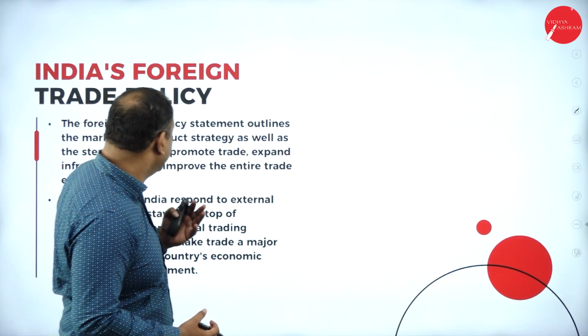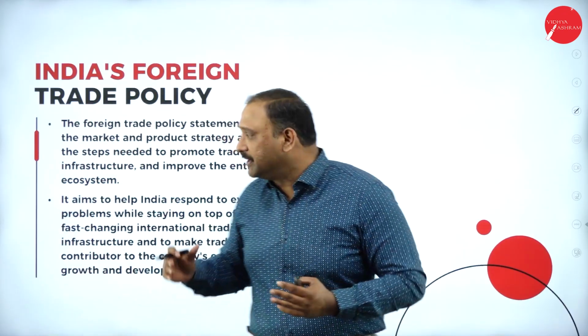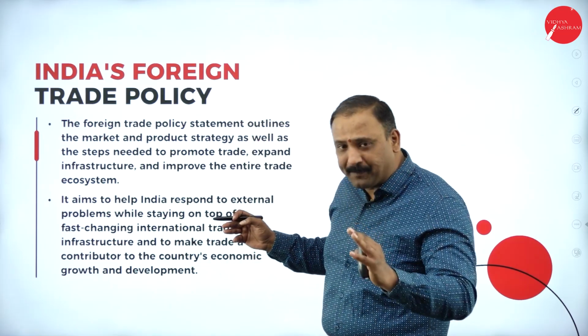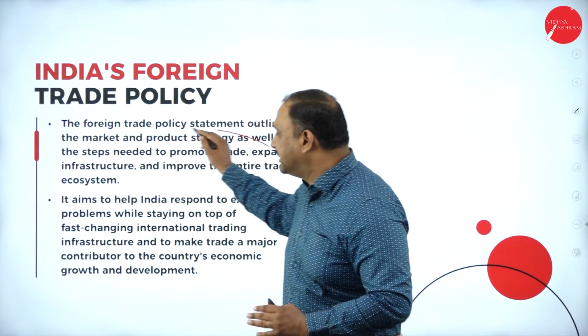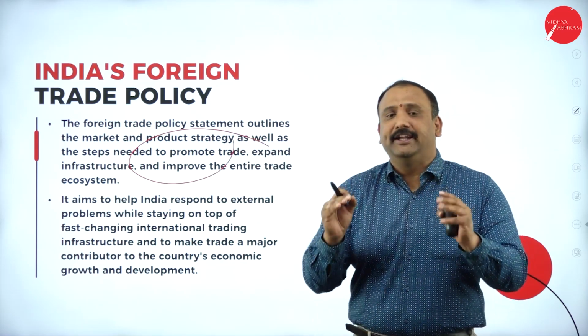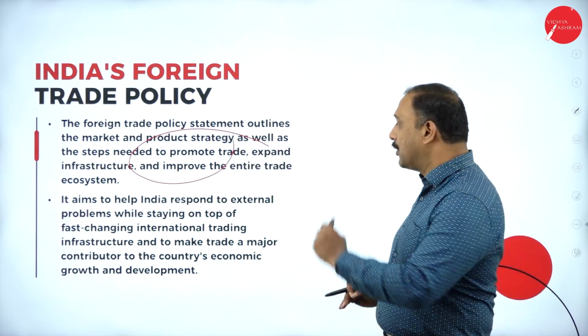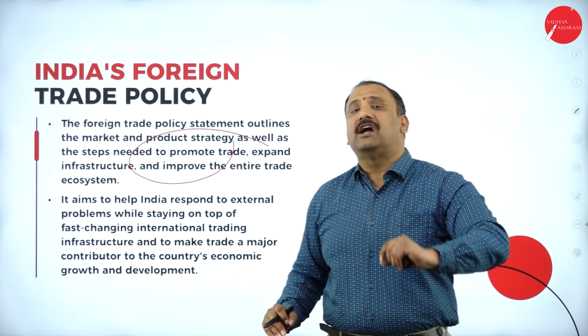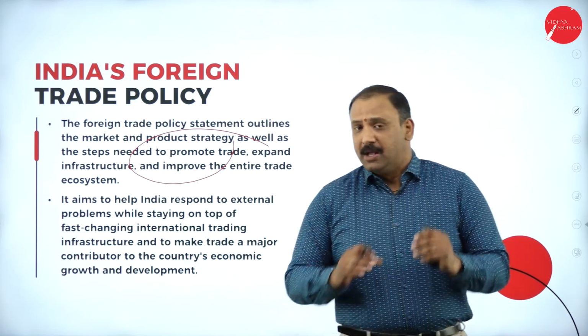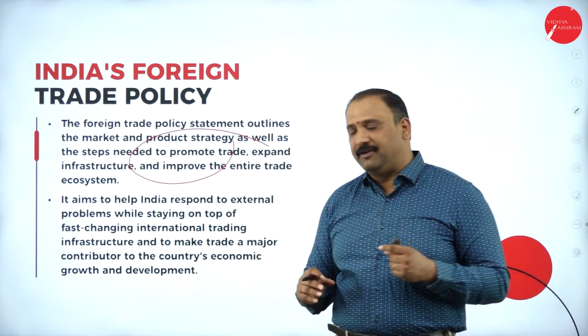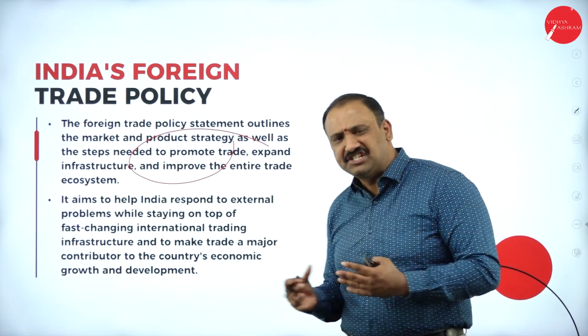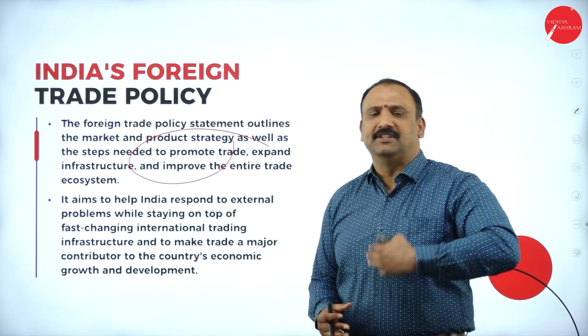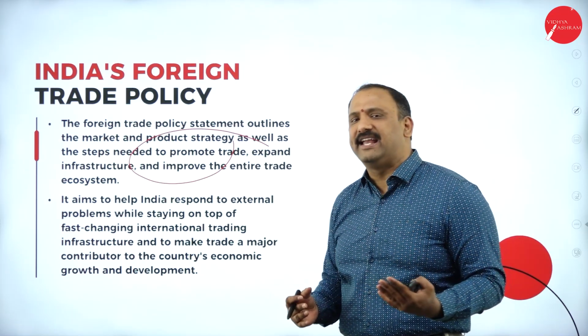Now let's move forward here. The foreign trade policy statement also tells that for every product, for every market strategy that needs to be promoted, we need good infrastructure. We need to improve the entire trade ecosystem. Probably India was one country where we have seen that the system was not so well developed. The system was not ready to accept and take it forward.